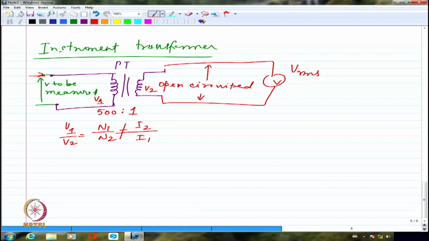Yes. The impedance of the voltmeter generally will be of the order of kilo ohms or even more. And that kilo ohms multiplied by N1 by N2 the whole square will be visualized by the source whose voltage I am measuring. Which is fair enough. It is going to be really, really large. See, again, large or small are relative. I hope you understand. How do I guess whether the impedance is large enough or not?